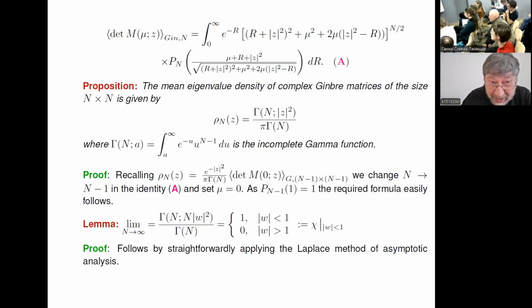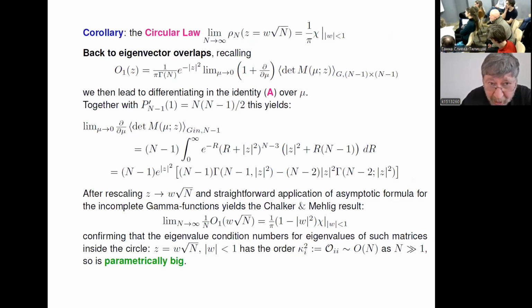But in fact, in order to get our main object of interest, the diagonal Chalker-Mehlig correlator, one needs to differentiate this over mu, and after that, set mu to 0. This is slightly more involved. First you need to differentiate these expressions, but it's clear that it's also not that difficult an exercise.